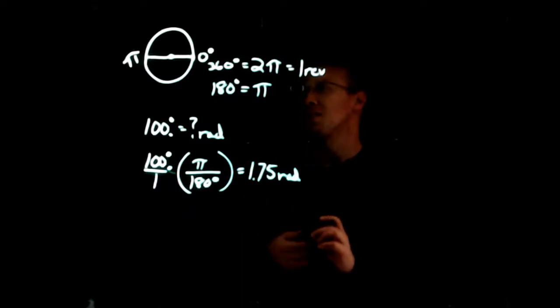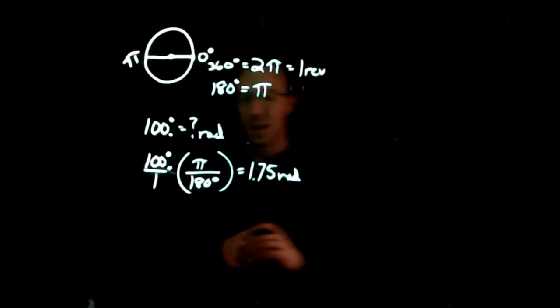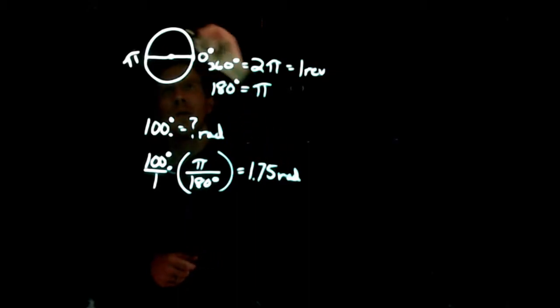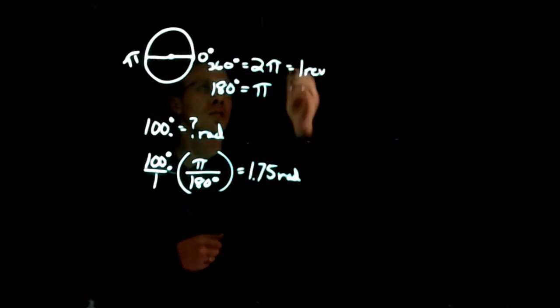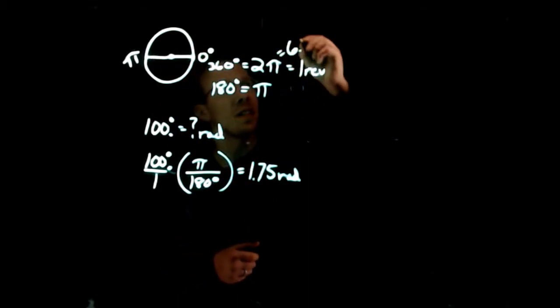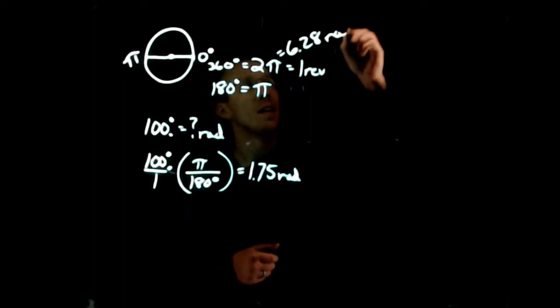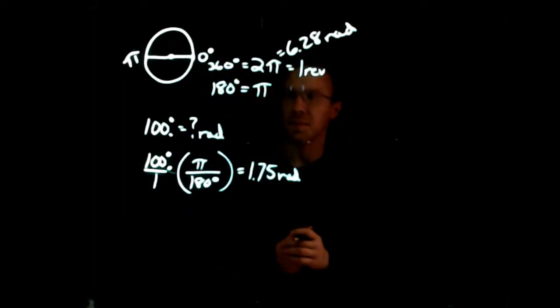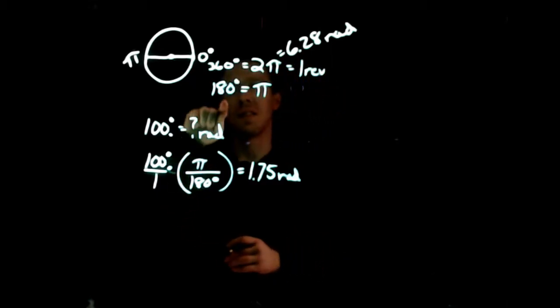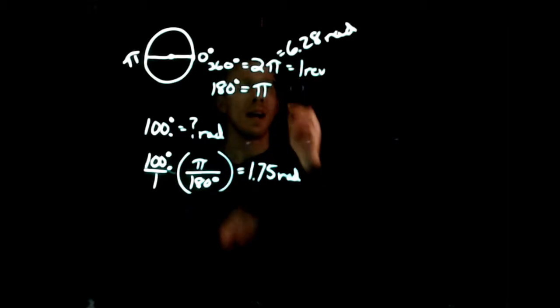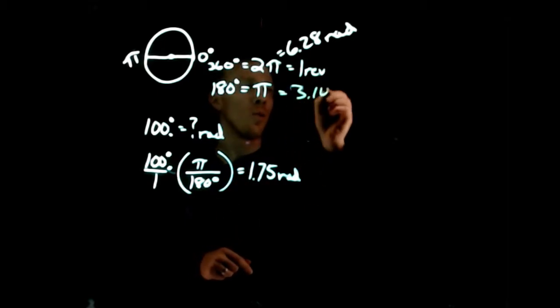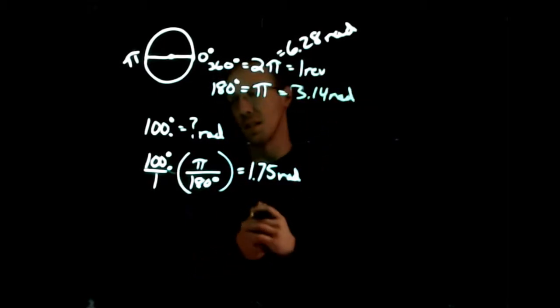So does this answer make sense? Well, if you think about it, one complete time around a circle is 2 pi, and that is equal to 6.28 radians. Right? So that means 180 degrees, or pi, is equal to 3.14 radians. Okay.